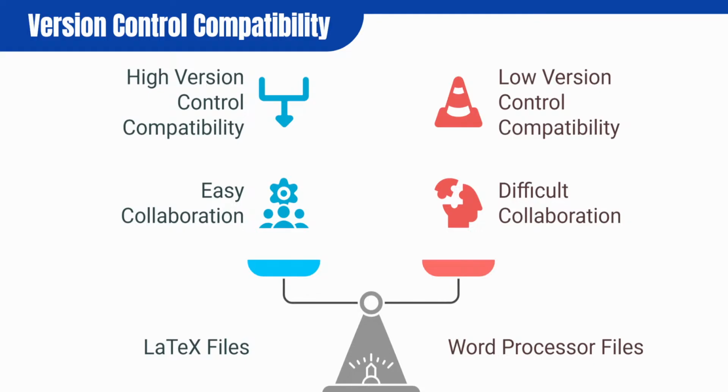So finally, let's talk about a feature that is especially important for collaborative research and writing: version control capability. LaTeX documents are written in plain text format, which means they work seamlessly with version control systems like Git.